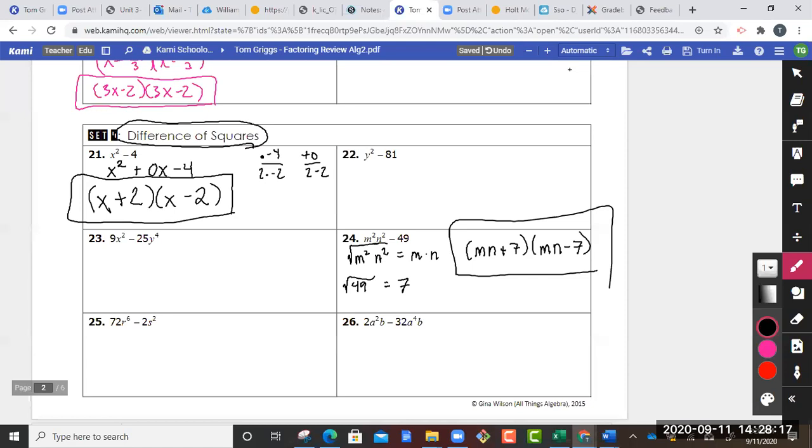It has to be a subtraction problem. So what do you do if the exponents are different, like different numbers? Like 25? Okay. So first off on 25, obviously 72 is not a perfect square. But we notice there's a GCF in this problem too. That takes care of that.